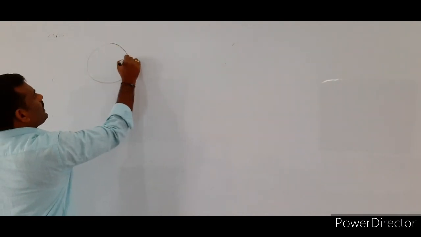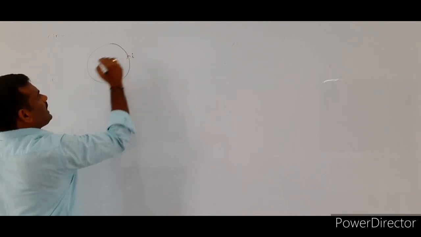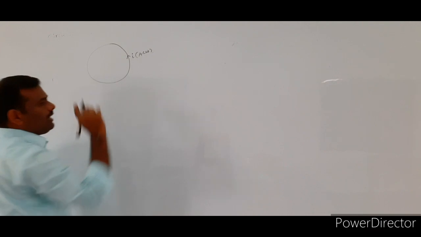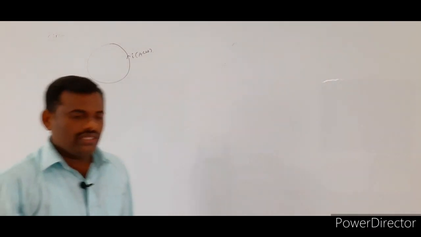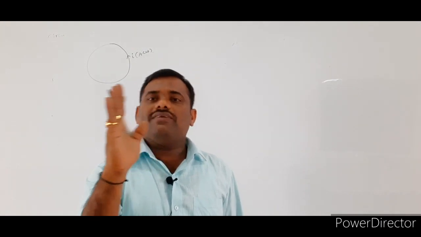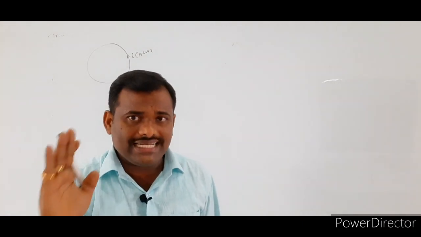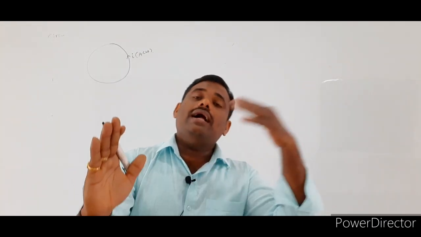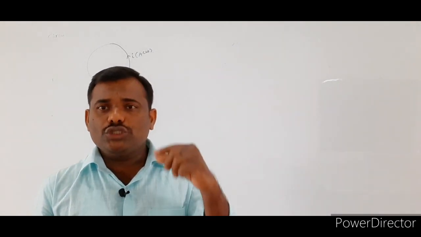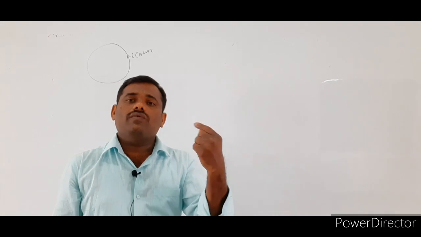In that circular current carrying loop, on one face the current flows in the anti-clockwise direction, and on the other side the same current appears to flow in the clockwise direction.